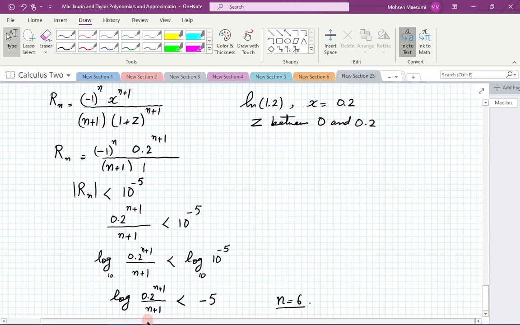An alternative way of handling this type of problem is just to do trial and error. If that is more convenient for you, start with n equal to 1, then 2, then 3, and so forth, until the fraction becomes less than the accuracy that is required. Then you are ready to declare the answer, in this case n equal to 6.